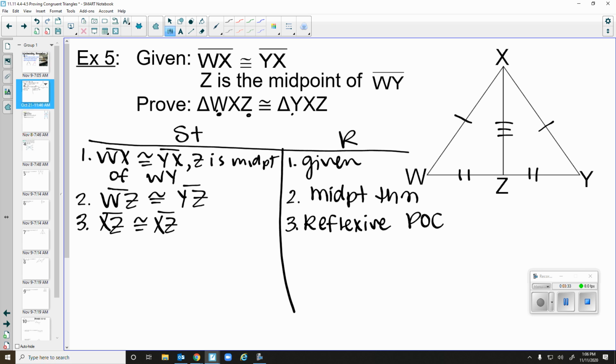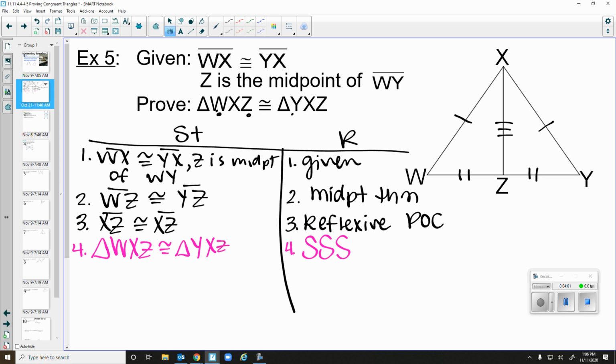Okay, and then look at our markings. As I go along, and as I physically write that things are congruent, I mark it on my picture. And so now we can see that all of our sides have been marked as congruent within the proof, which means we are done with the proof, except for writing our final statement, that triangle WXZ is congruent to triangle YXZ by side, side, side.